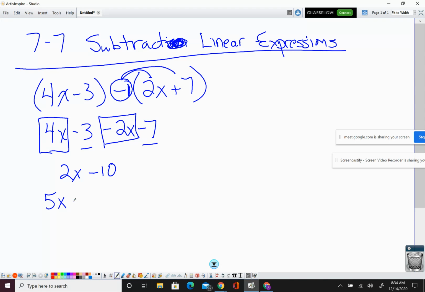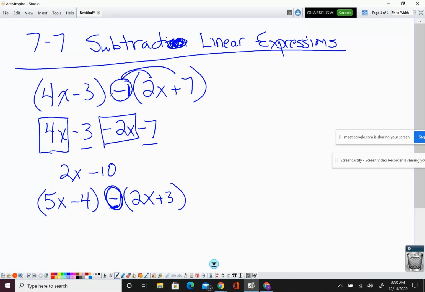Let's look at another one. 5x minus 4 minus 2x plus 3. So this subtraction says, yes, why did it change from 2x plus 7 to -2x minus 7?